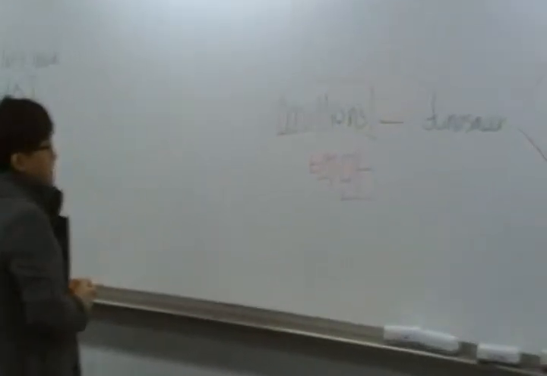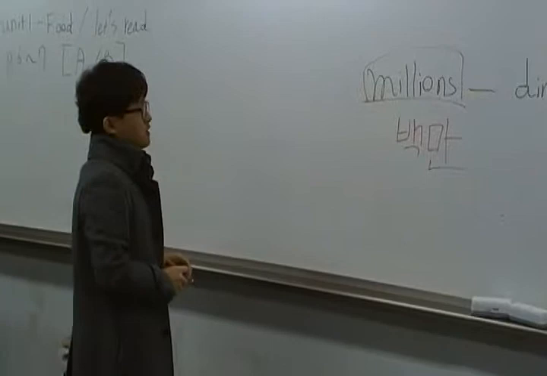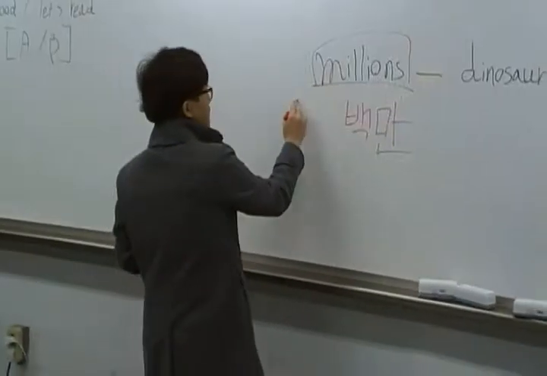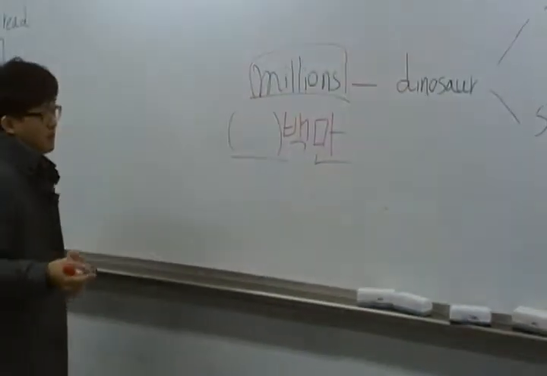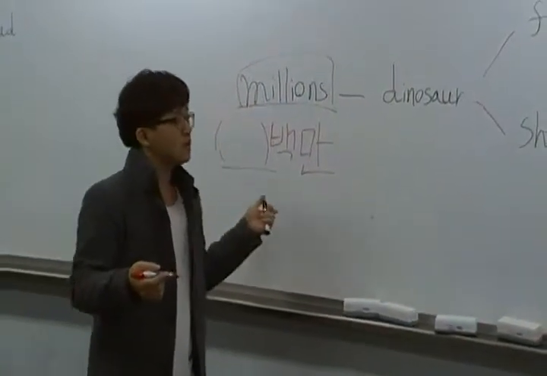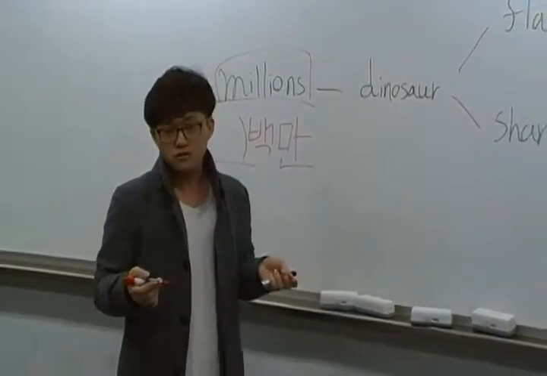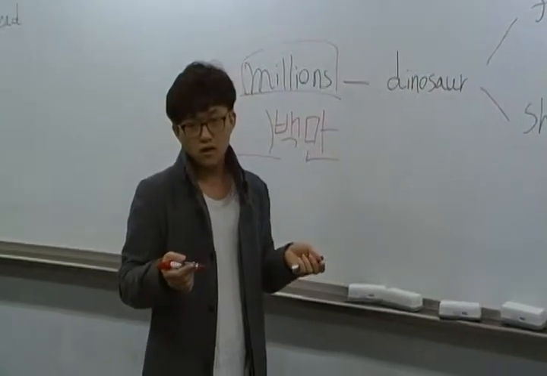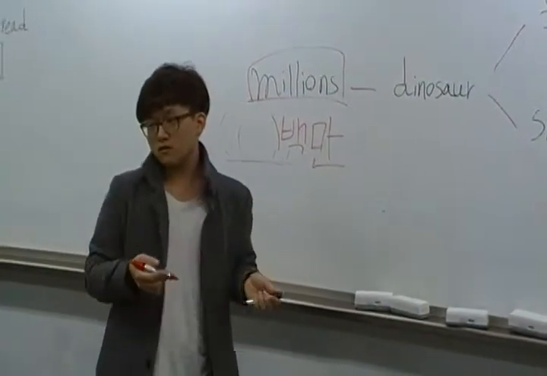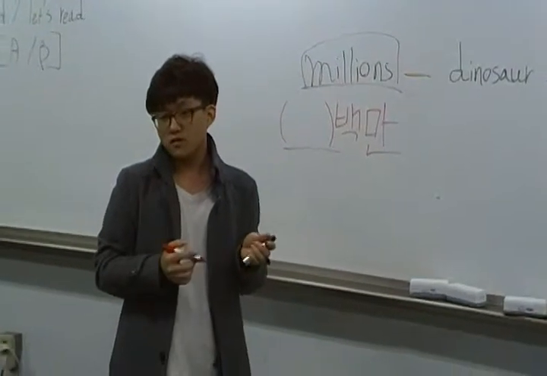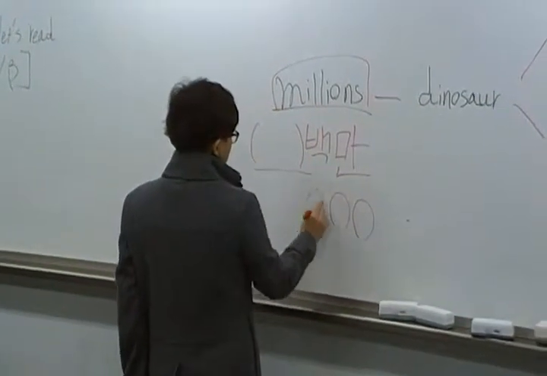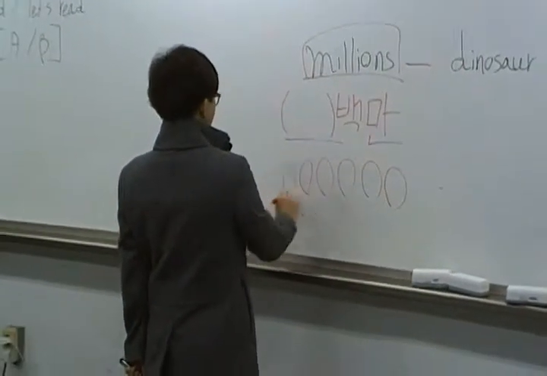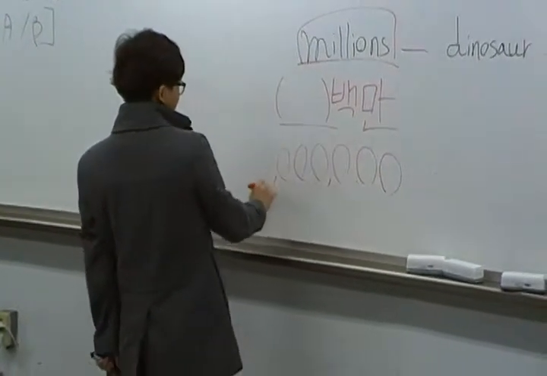And it is a good answer, but there is something lacking, so it is not exactly correct. Then I'll change the question: how many zeros are there in millions? How many? Six. Yeah, we have 6 zeros: 1,000,000.